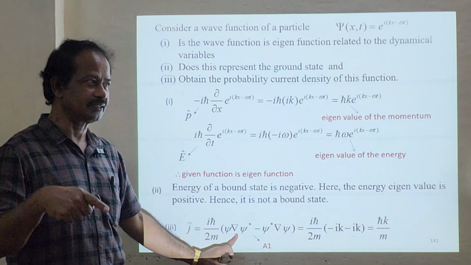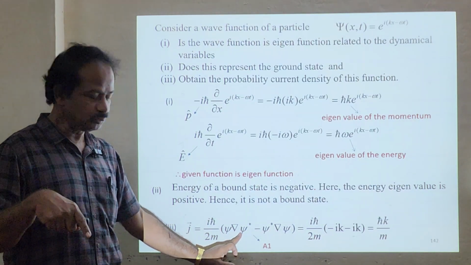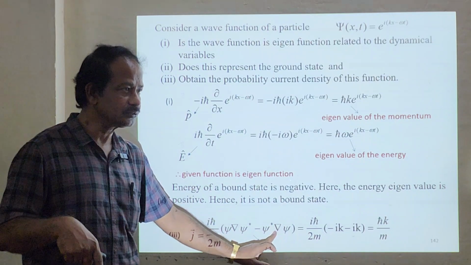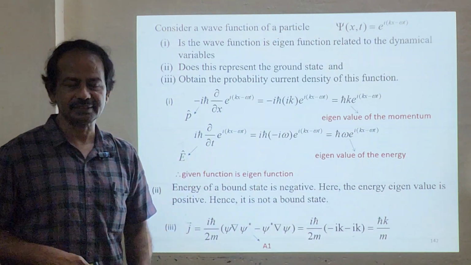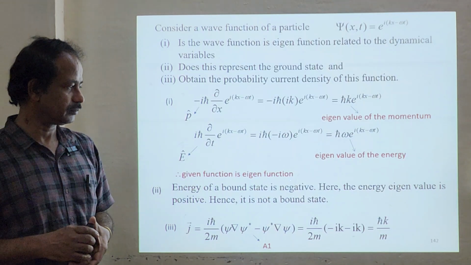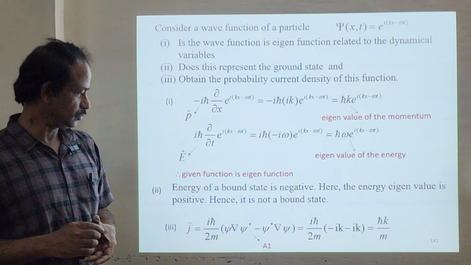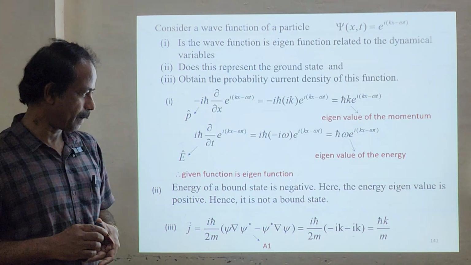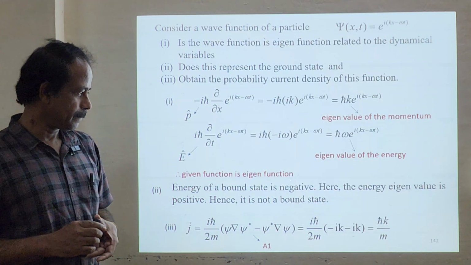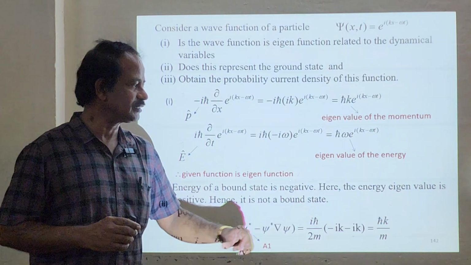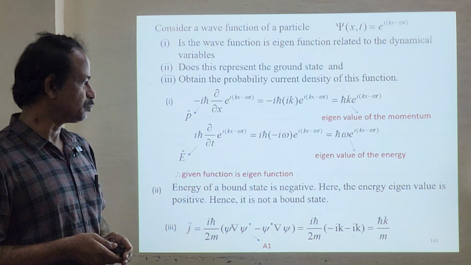That will give you del psi star. Okay, you multiply these two, and subtract these two expressions. You will get minus ik, so you will get the answer h bar k by m.